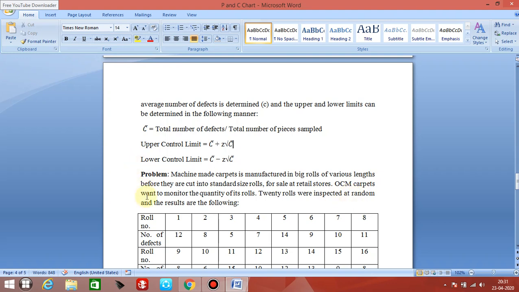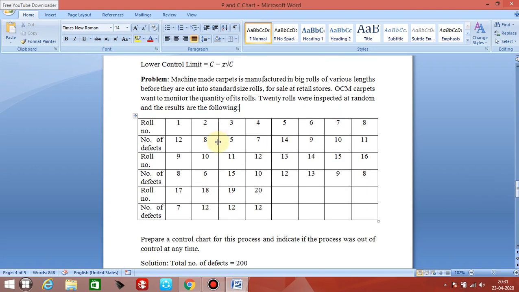OCM carpets want to monitor the quality of its rolls. 20 rolls were inspected at random and the results are the following. Roll number 1, number of defects 12. Roll number 2, 8, 3, 5, 4, 7, 5, 14, 6, 9 and so on up to 20 rolls. So this is your problem.